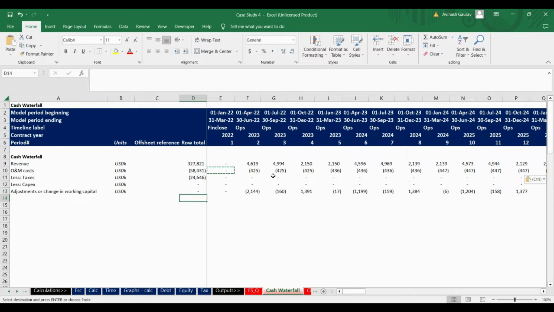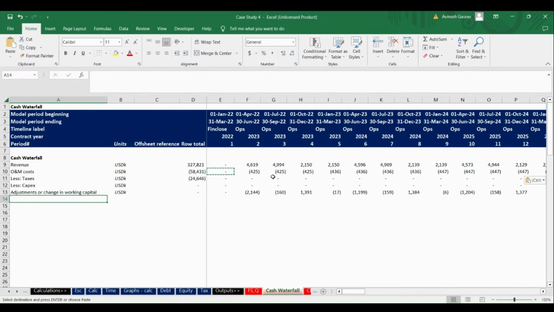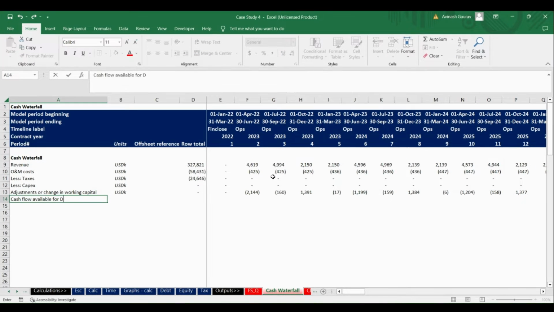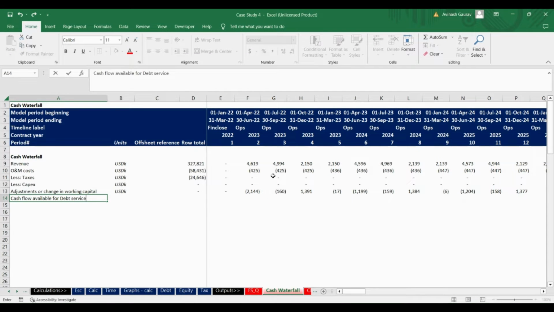Okay. So now this will be your cash flow available for debt service. You can say it as CFADS. Guys, this is a very important term. It's most of the time asked in interviews, and you need to learn this. Like, what is cash flow available for debt service? So, what does this say?